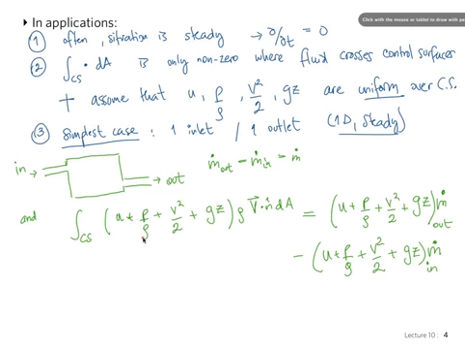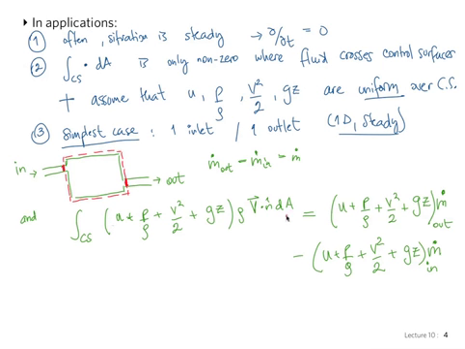So, being very clear, this is our control volume, and the integral across control surfaces is only non-zero where the fluid crosses the control surfaces. So these two are the only surfaces where those integrals are not zero.